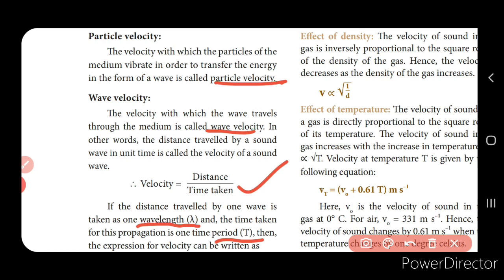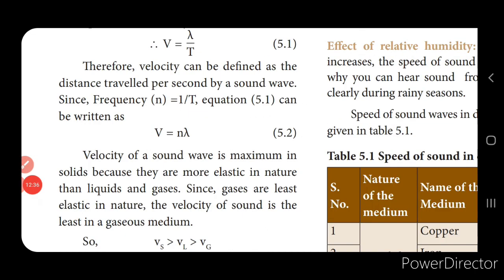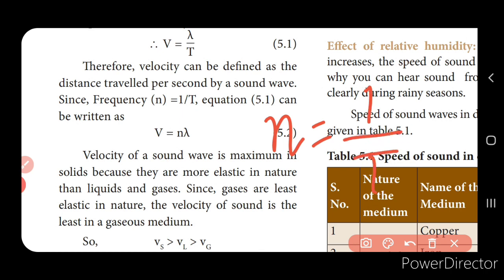Now how will you write the equation? We said that lambda is the distance traveled by the wave and T is the time period of one wave, isn't it? So V is equal to lambda by T. This is the distance, right? And this is the time taken, right? We also know that the frequency n is equal to 1 divided by T, right?